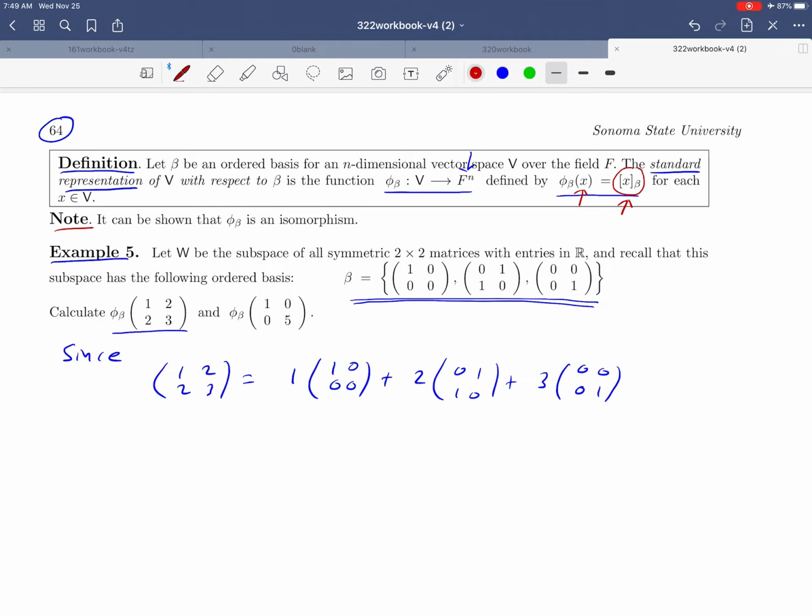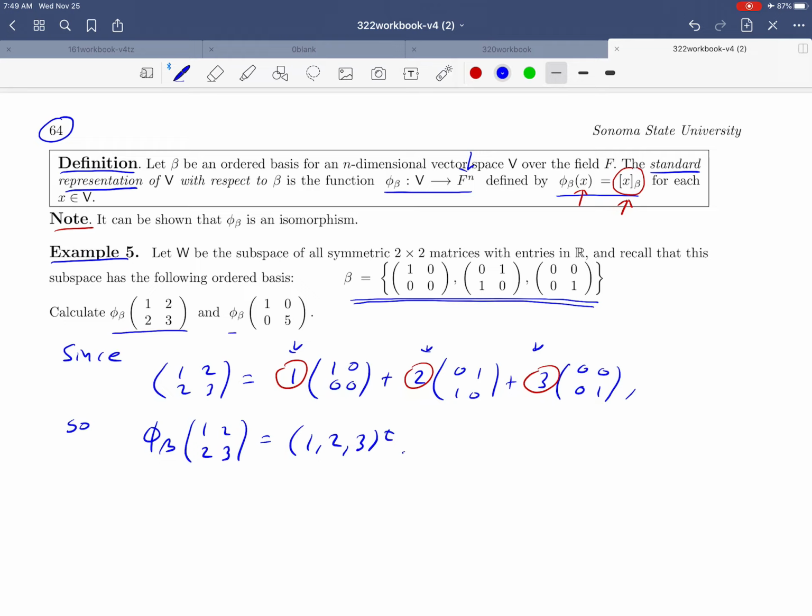And the coordinate vector is going to be the tuple that we get if we take our three coefficients and put those as the numbers in our tuple. So the standard representation of [1 2; 2 3] is just going to be the 3-tuple that consists of these three coefficients, 1, 2, and 3. Okay, that's all there is to it.